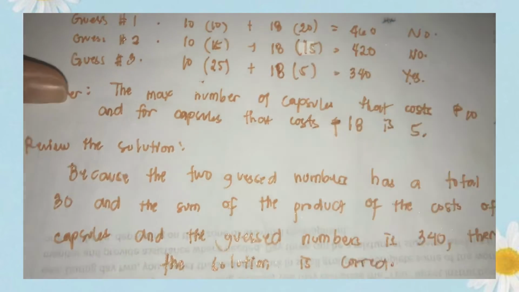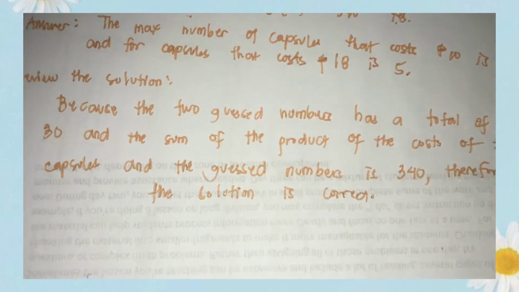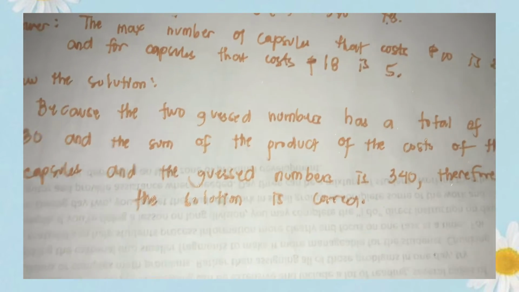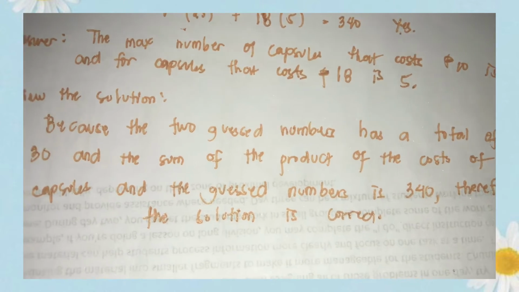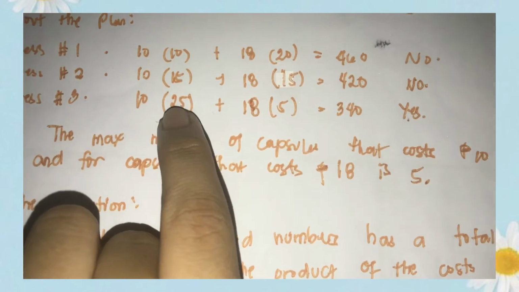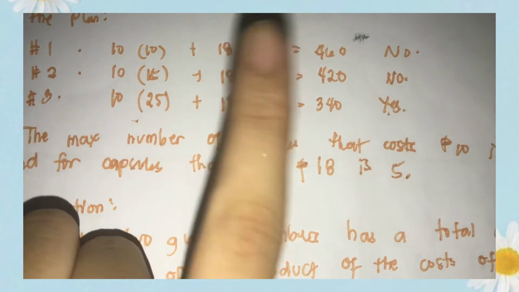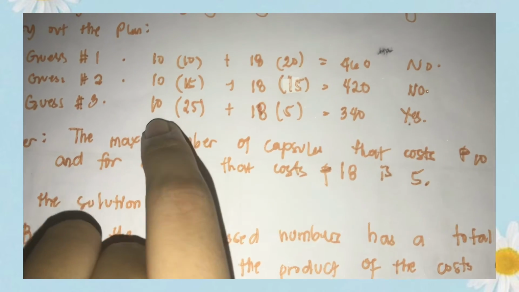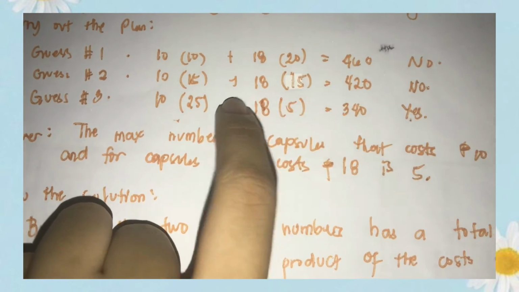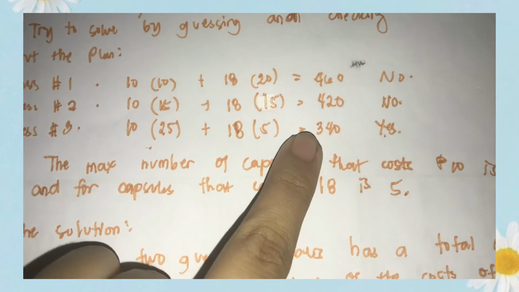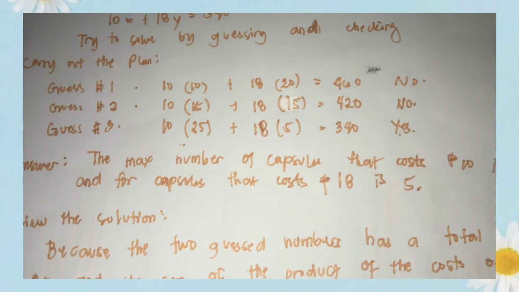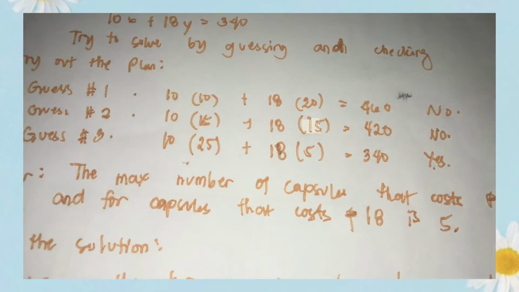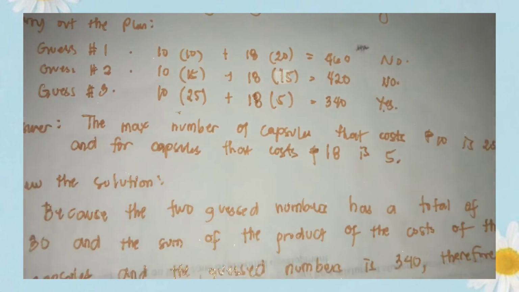Because the two guess numbers have a total of 30, and the sum of the products of the costs of the capsules and the guess numbers is 340, the solution is correct. Yes, it's indeed correct. So that's how my answer works.